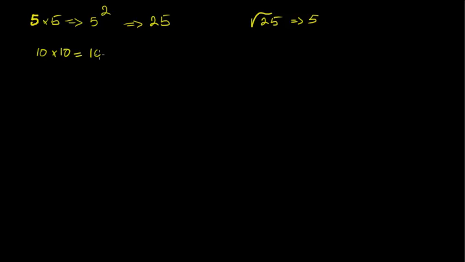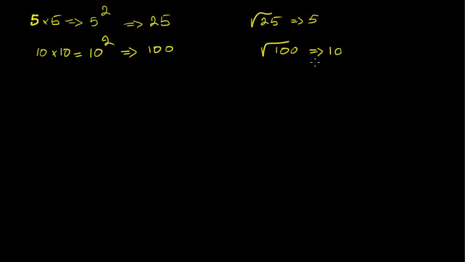Let's say we have 5 times 5, or 5 squared, which means 25, right? And the square root of 25 is 5. Or 10 times 10, 10 squared produces 100. When we say square root of 100, it means 10.